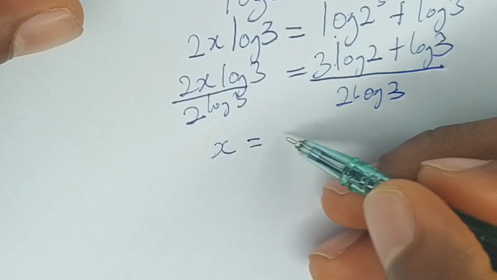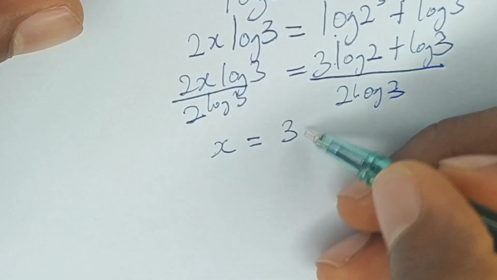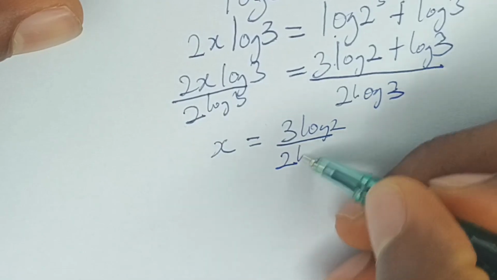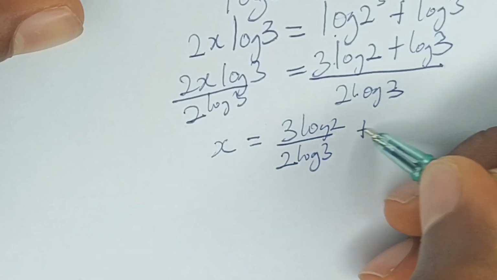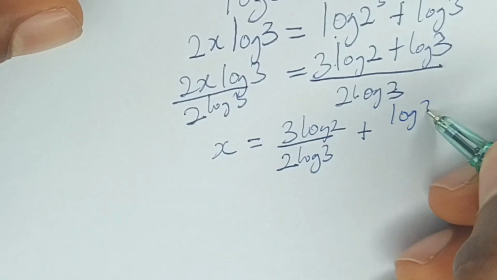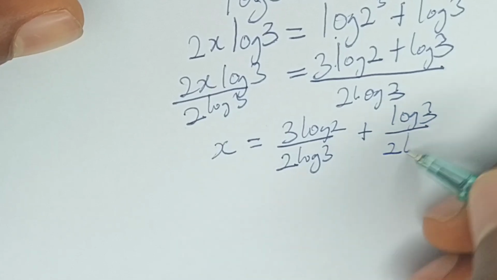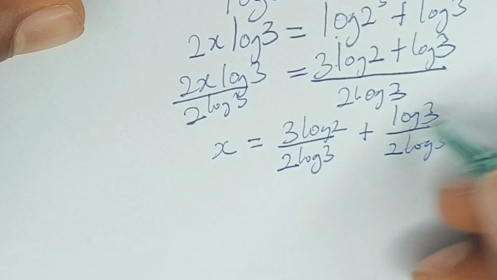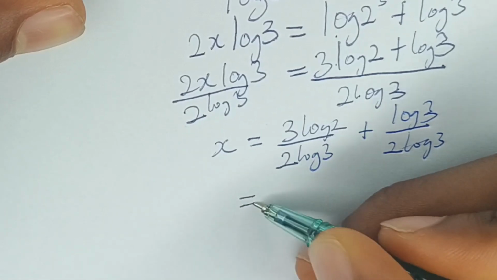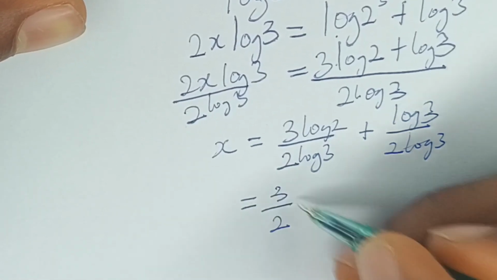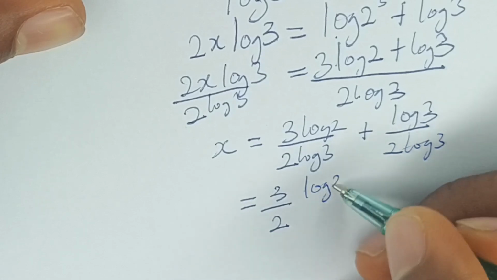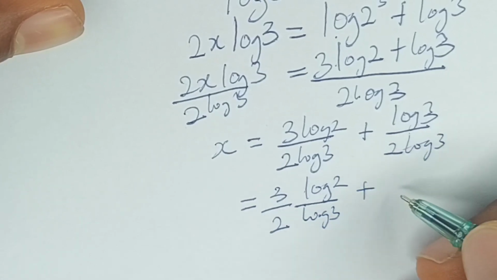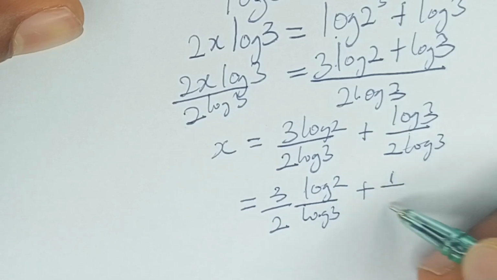This x is now equal to 3 log 2 over 2 times log 3 plus log 3 over 2 times log 3. Okay, now you can see that log 3 and log 3 will cancel, so that what we are left with is equal to what? 3 over 2 times log 2 over log 3 plus 1 over 2.